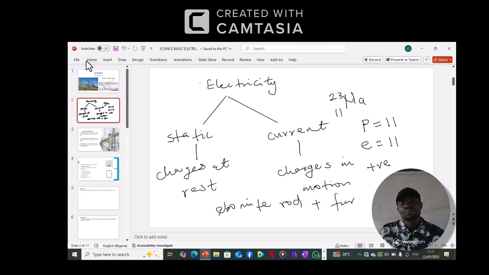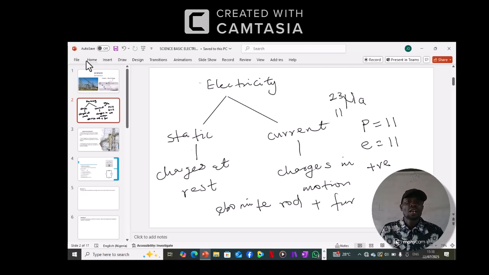Another method of producing charges at rest is by electrostatic induction. That is when you place a neutral body near an already charged body, electrons or charges are transferred from the charged body to the neutral body. So both will now become charged.